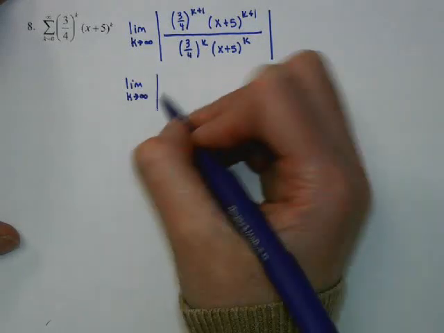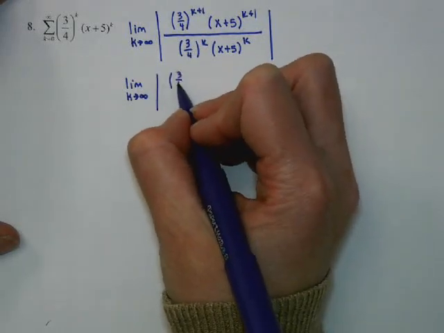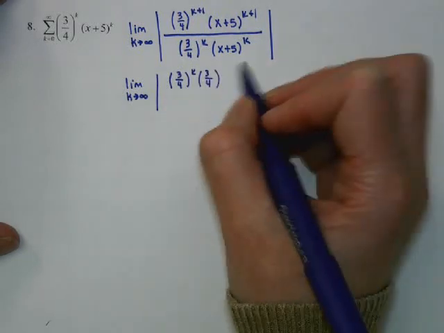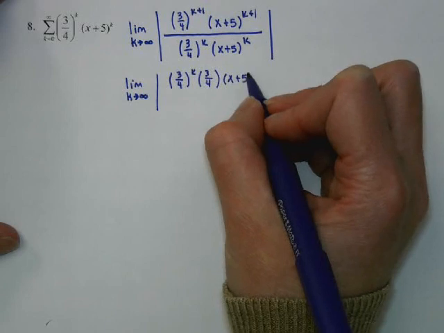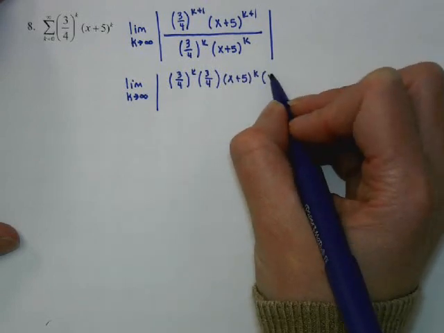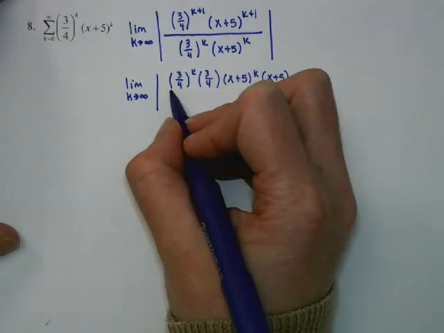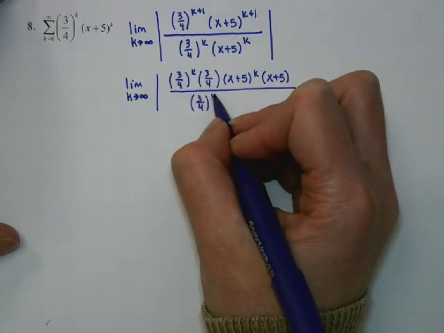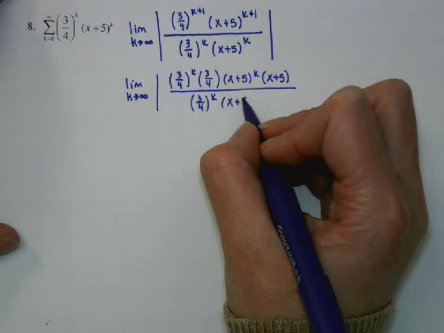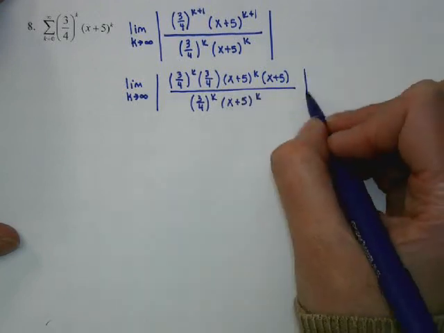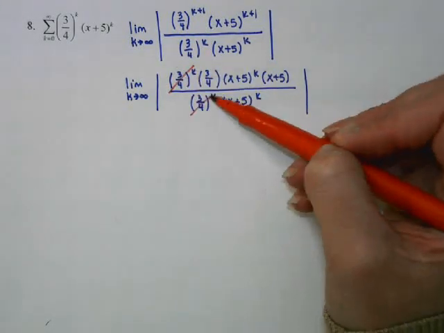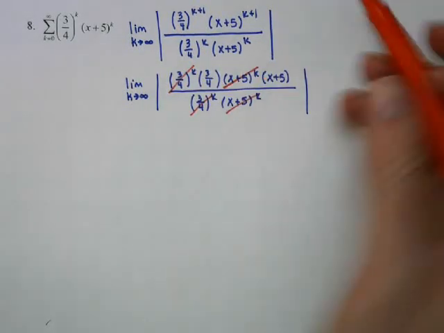So we're going to have (3/4)^k times 3/4, (x+5)^k times (x+5), those go away, those go away.